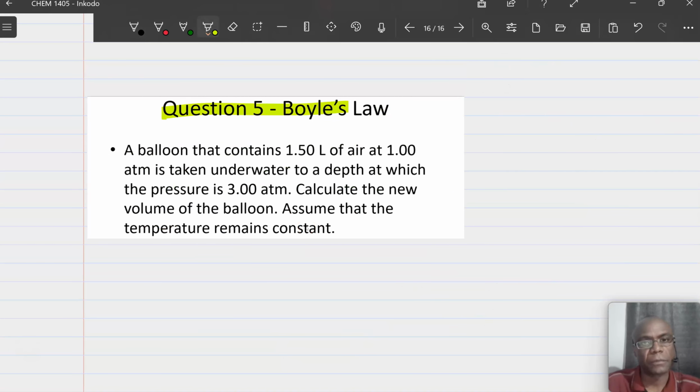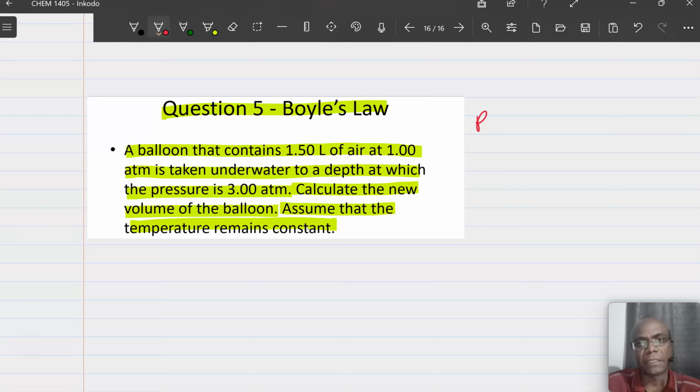Another example of Boyle's law: a balloon that contains 1.5 liters of air at 1 atm is taken underwater to a depth at which the pressure is 3 atmospheres. The more you dive into the water, the more the pressure increases, which is why the submersible imploded. Calculate the new volume of the balloon, assuming the temperature remains constant.